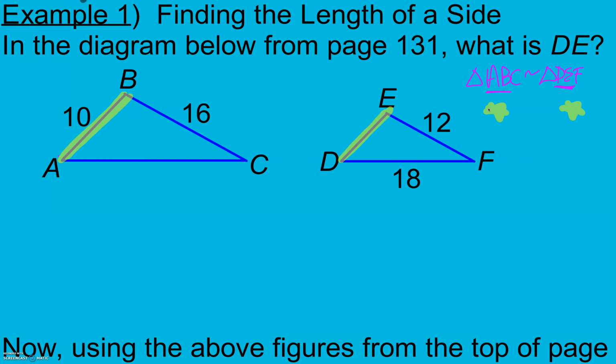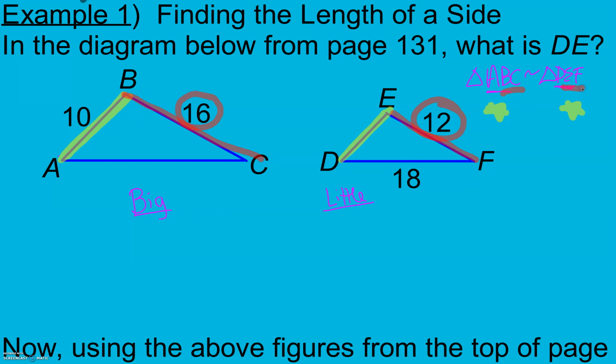So I can set up proportions here. And remember, when we set up proportions, it's important that we're comparing similar things in our numerators and in our denominators. So I'm going to have one that's from my big triangle and one that's from my little triangle. We also need to have a set of values that we know in both. And if we look here, I know my upper right side, BC and EF, and these are corresponding parts.